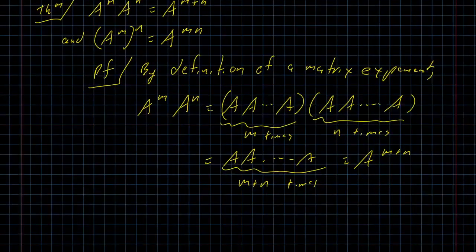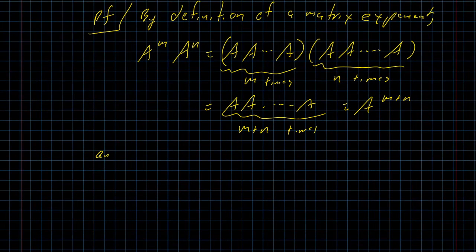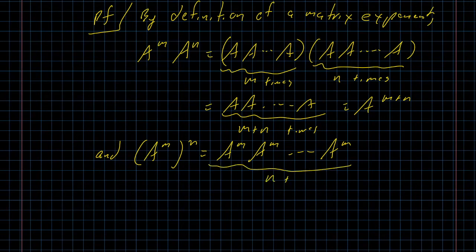Likewise, the other rule, A to the m raised to the n, is A to the m times A to the m, n times. And what is A to the m?